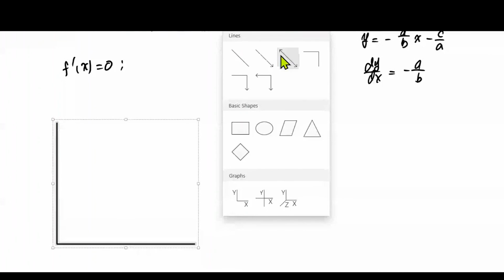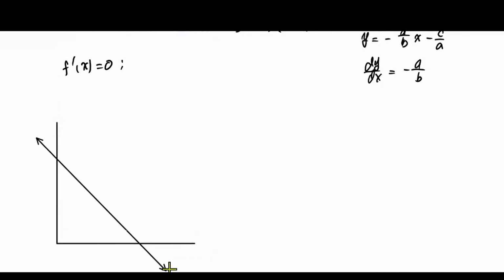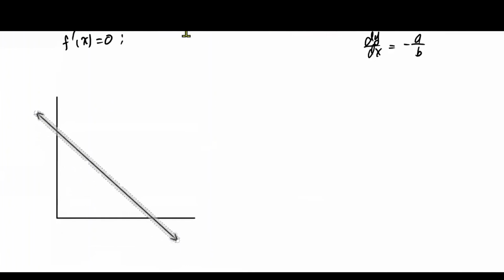Okay, and then I'm going to throw a line, say like this. And as before, I'm going to put that in red. So the equation of this is ax plus by plus c is equal to 0. And I'm given a point here, x1 and y1.